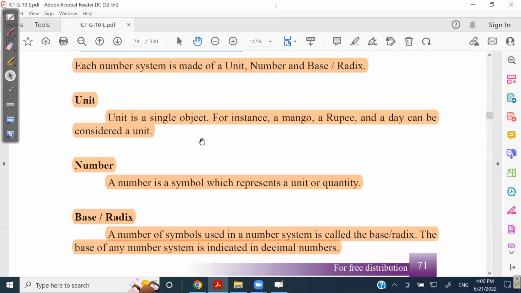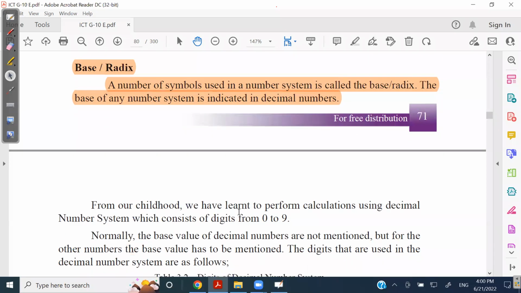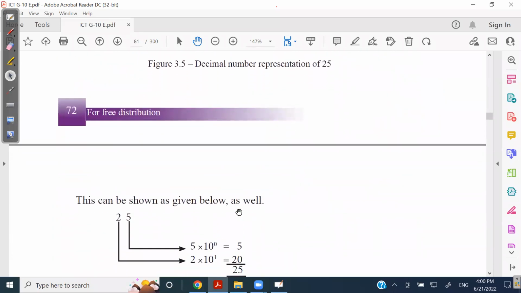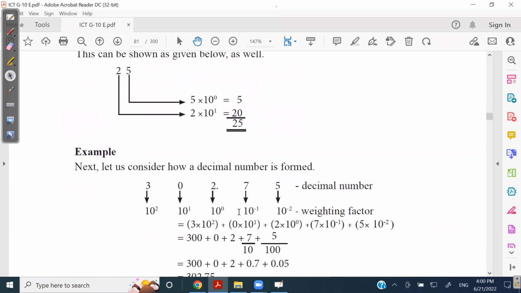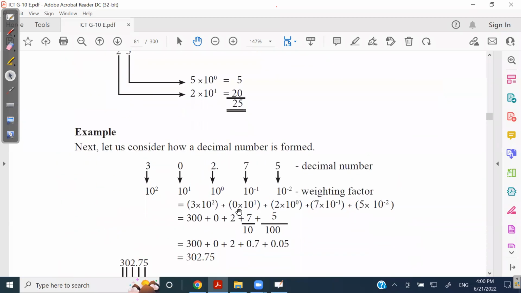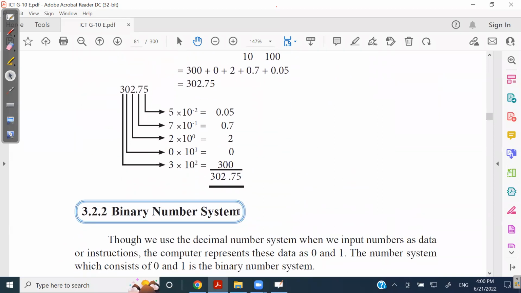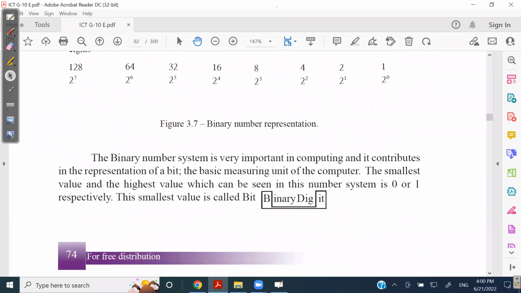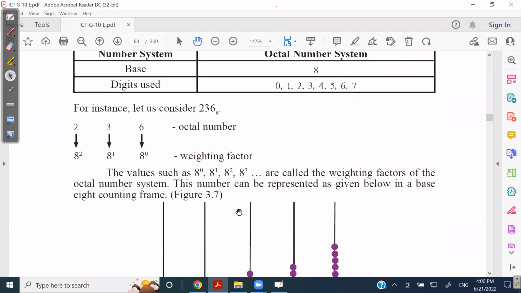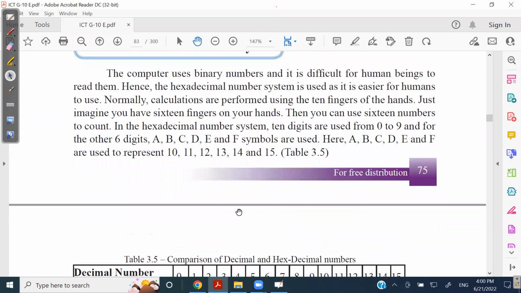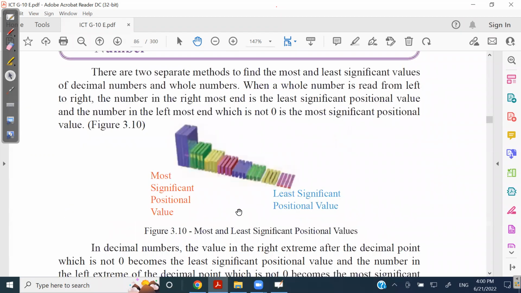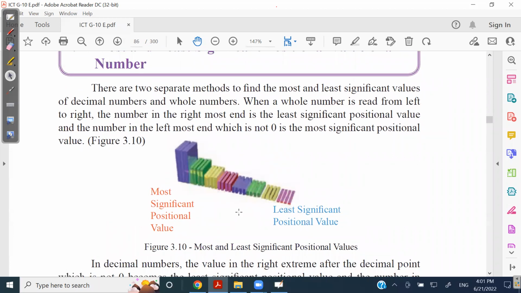Okay, so moving forward. Here they are explaining the things, the base and all these things, in a very deep manner. Really, you don't need that kind of detail because you know what the things are. I'm taking your attention to something called the most significant bit and the least significant bit.